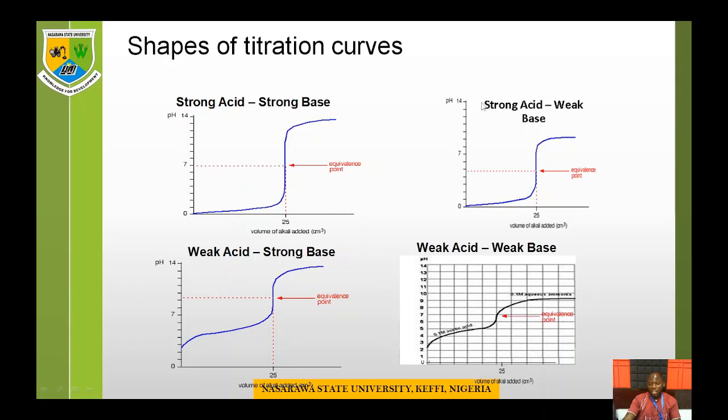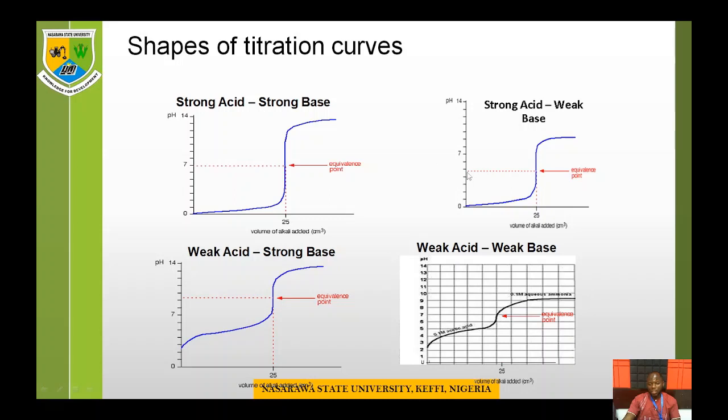But when it is a strong acid against a weak base, the pH is far less than 7. Looking at it, even though the shape is also an S shape, the pH values are not the same. That of a strong acid against a weak base varies. So what is the interpretation?